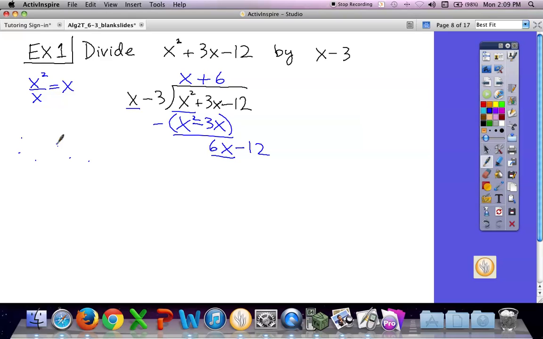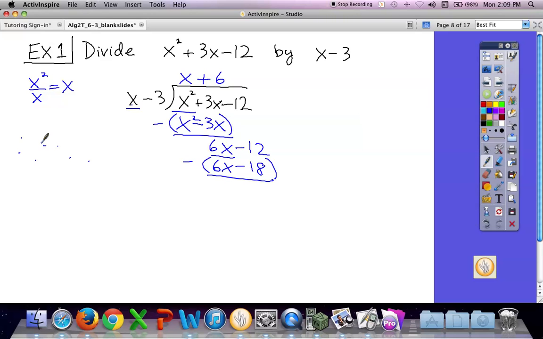Then what? Multiply twice. 6 times x is 6x. 6 times negative 3 is negative 18. Subtract. What is negative 12 minus negative 18?